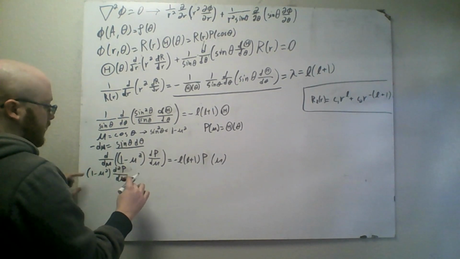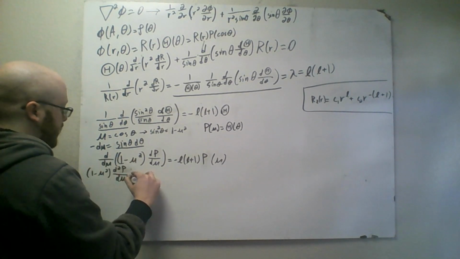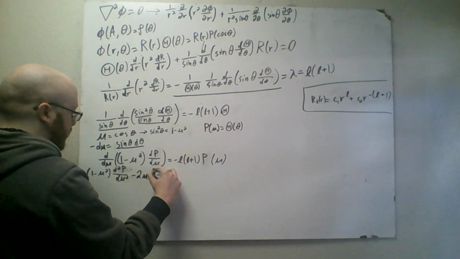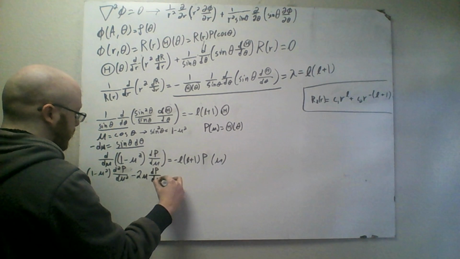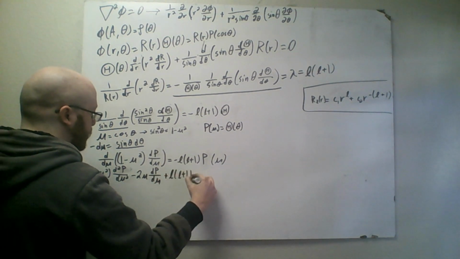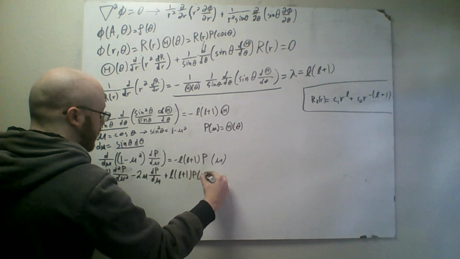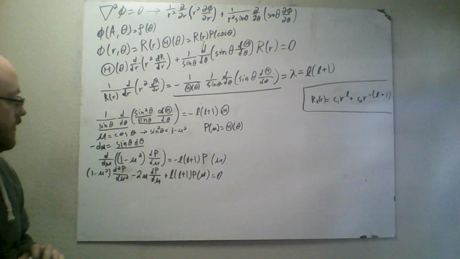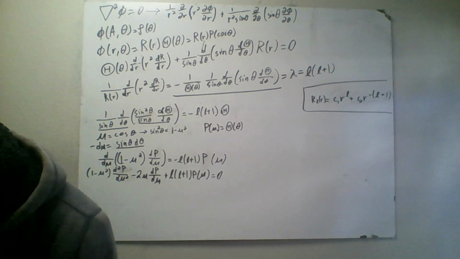And we take the derivative of this section, that gives us negative 2 mu. Leave this as it is, dP over d mu. Bring this over here, plus L times L plus 1 times P equals 0. Okay, this is known as the Legendre differential equation.